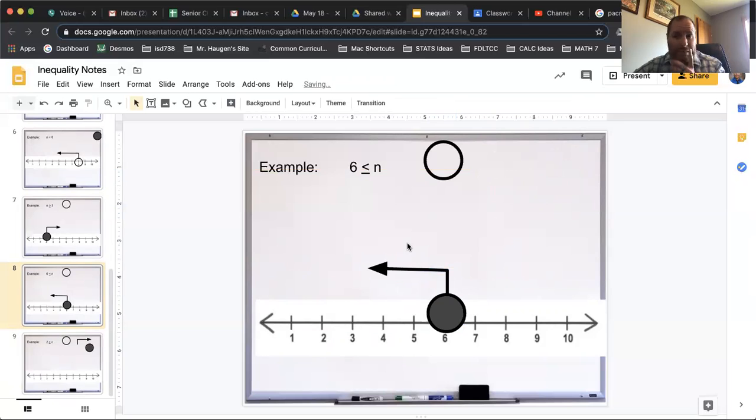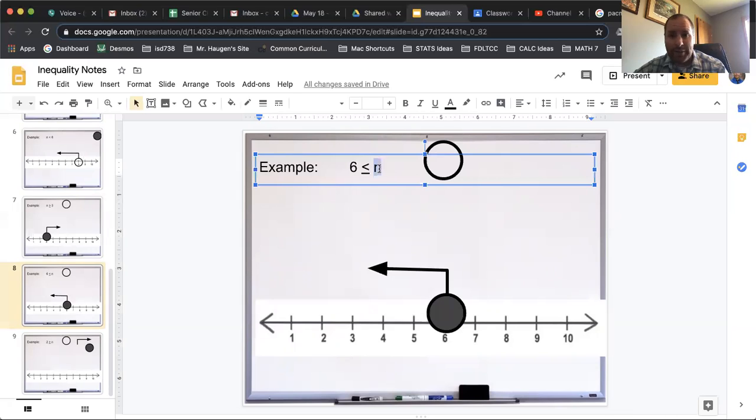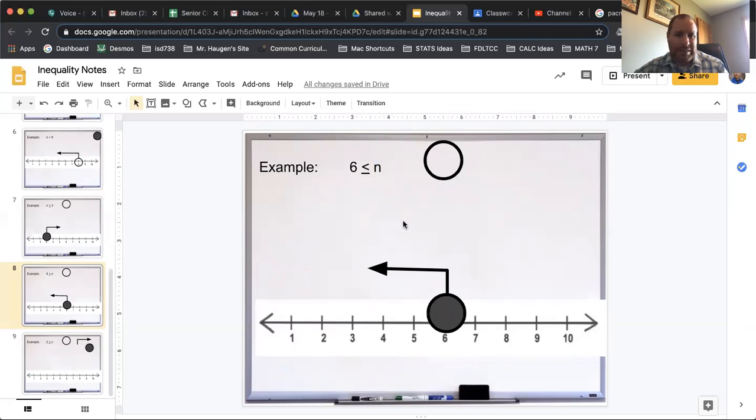But there's a little bit of a situation here. We want to read this very carefully. We want the stuff to be larger than 6. Notice it's pointing at 6, meaning 6 is the smallest item. If I look at this, this is pointing at things that are smaller than 6. Oh, that's not what we want.